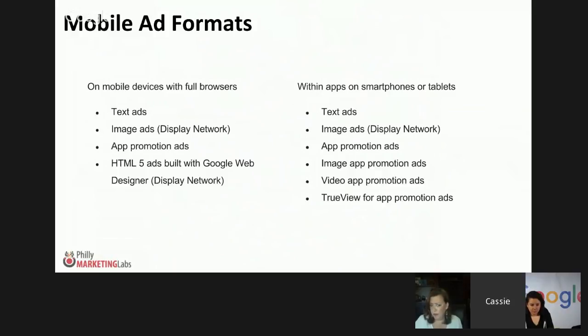There are also app promotion ads, and then HTML5 ads, which are pretty cool and can be built with Google's Web Designer. Again, display network opt-in is required there. And then there's a variety of formats that are available on apps and tablets, that you can see over there on your right, including video. So there's a pretty good variety of ad formats that are available.